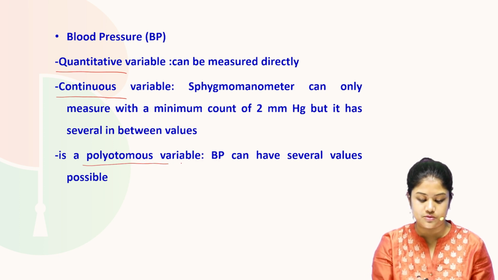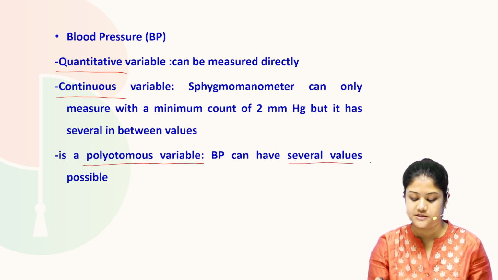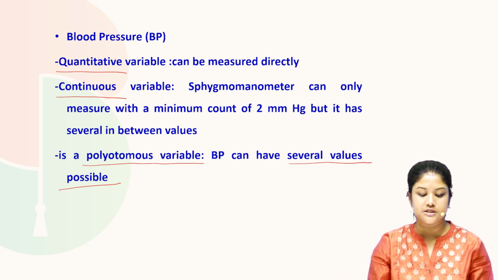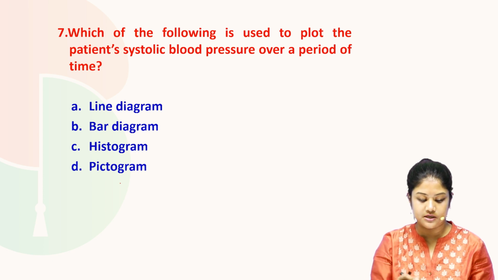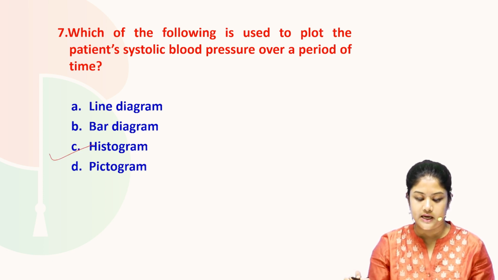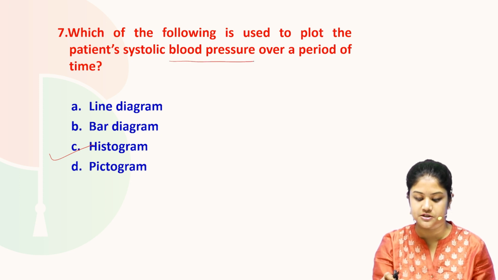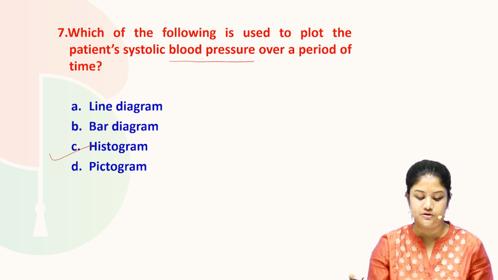It is a polytomous variable, that is, it can have several values possible in between 2 mm of mercury. It is a quantitative continuous variable. So looking into our options, the best option would be histogram, as blood pressure is a continuous quantitative variable. So our correct option is histogram.